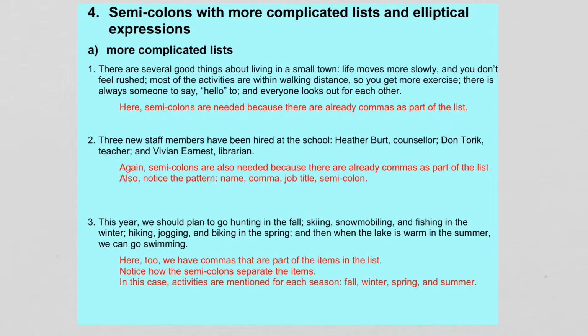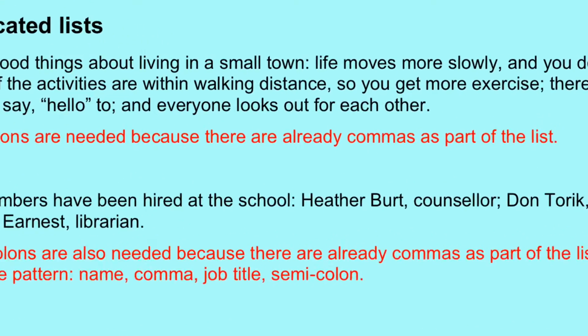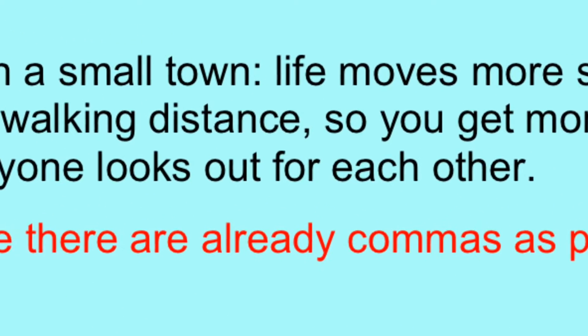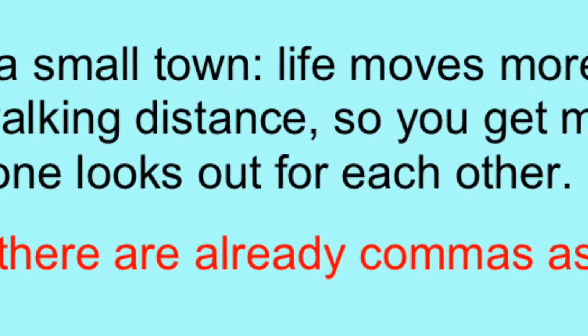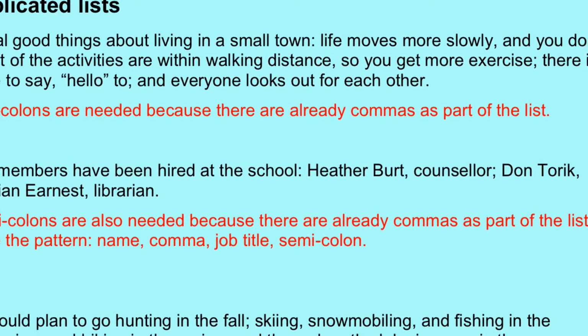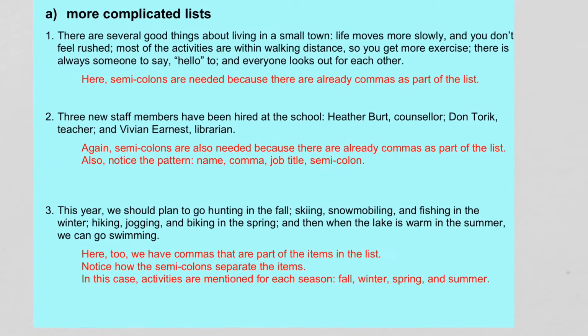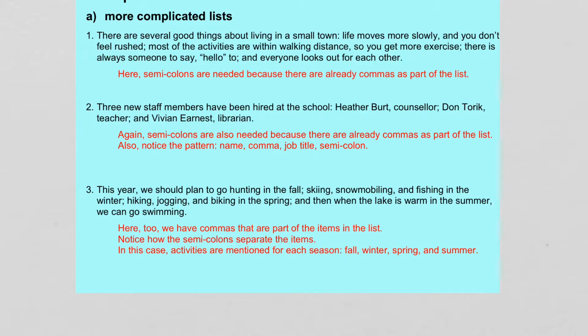Some things to point out here. All right, I'll just sort of read out sections. There are several good things about living in a small town. So I've just introduced the fact that I'm going to share several things that I enjoy. And you can see that there's a colon there. All right. So you could do this with anything. You could tell me a whole bunch of things about one topic. You just explain what your topic is, and then you list them off, right?